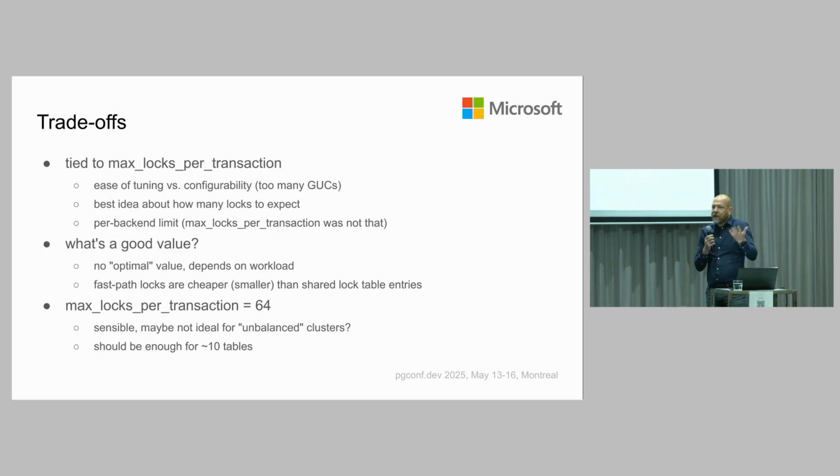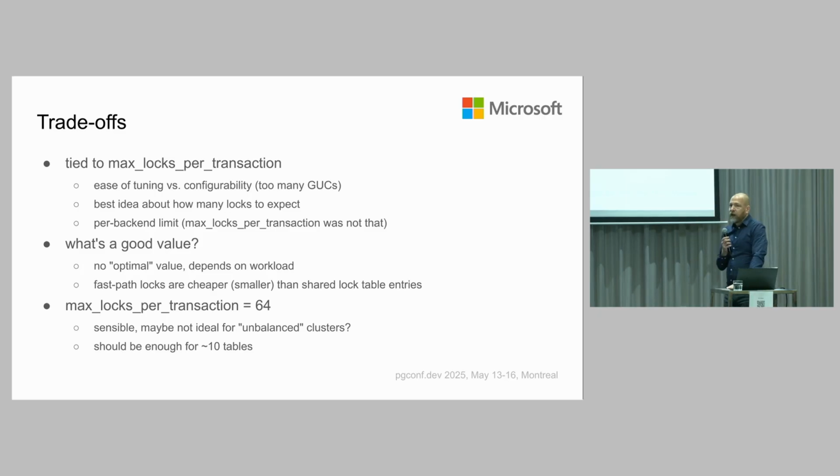Because I see new configuration options more as an admission that we don't know how to do that ourselves. Therefore, we just transfer the responsibility to users, right? And max locks per transaction already has the best information about the expected number of locks that we have. So we just use that.